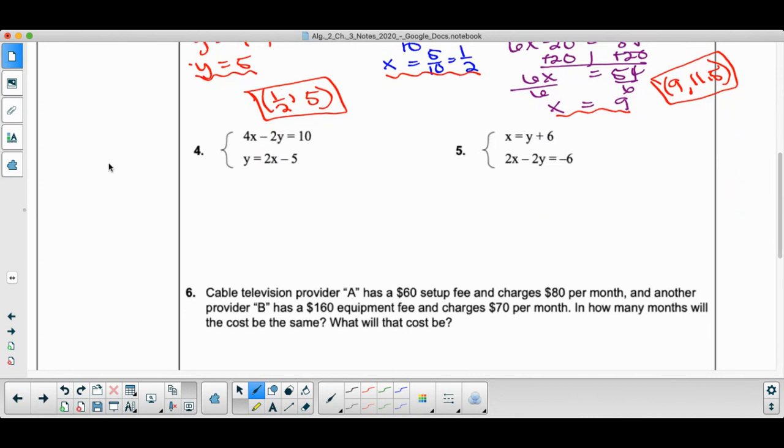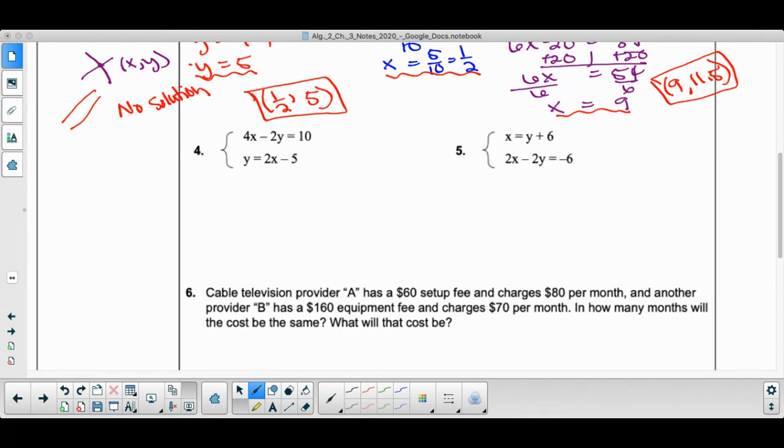Now for these next two problems, it's going to be helpful to remember from 3.1, we saw a couple of examples, right? If we have two lines that intersect, we get one solution, just (x, y). If we have two lines that are parallel, that means they don't intersect, so we have no solution.